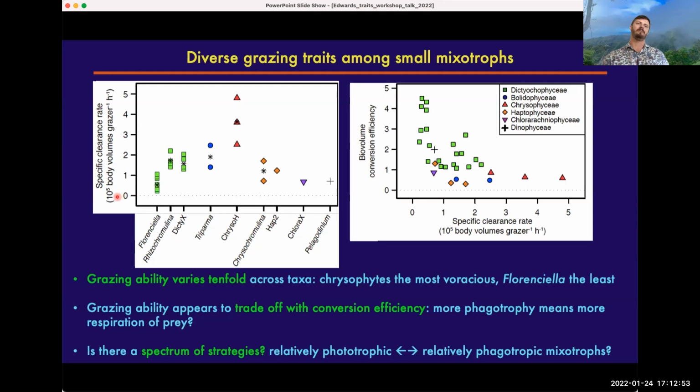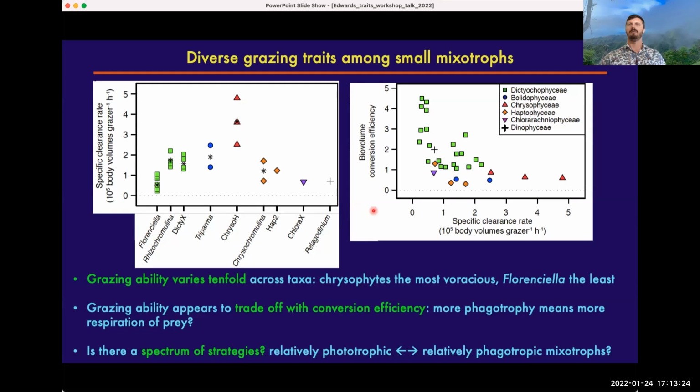It's almost tenfold between Florenciella, which is a dictyocophyte and a relatively slow grazer, up to this Chryso H group, which are the most voracious grazers among the ones we've been working with. There's a wide range of things in between, such as the haptophytes, other dictyocophytes, and the bolidophyte. So there's really a whole spectrum of grazing abilities here among these different taxa.